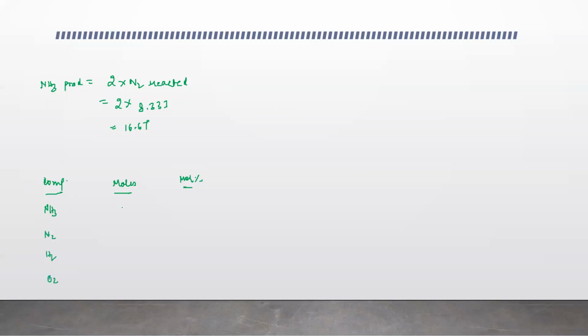So ammonia is how much? 16.67 kilomole. Nitrogen is 19.167 kilomole. Hydrogen is of course 0, and oxygen is 7.1875 as it is. So you'll get 43.0245 as the total number of moles. So mole percent is individual upon total into 100.